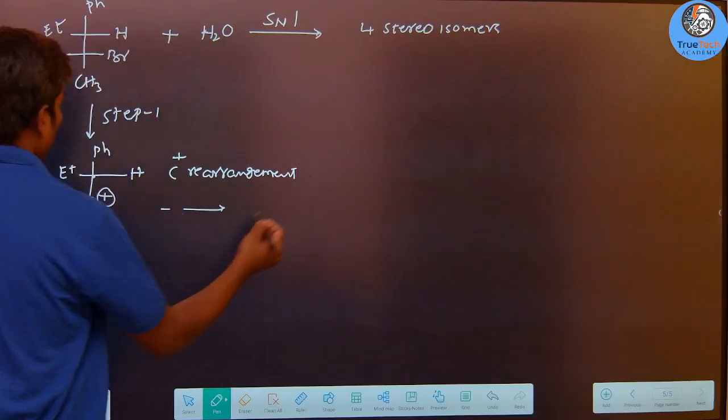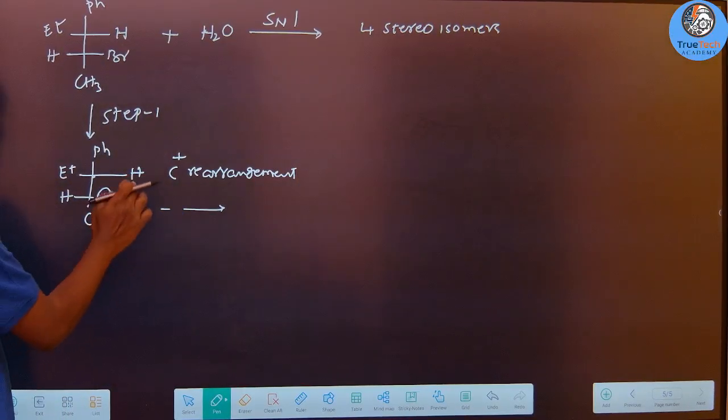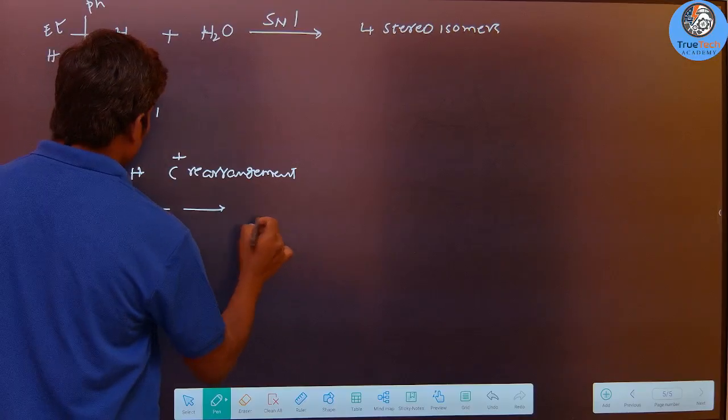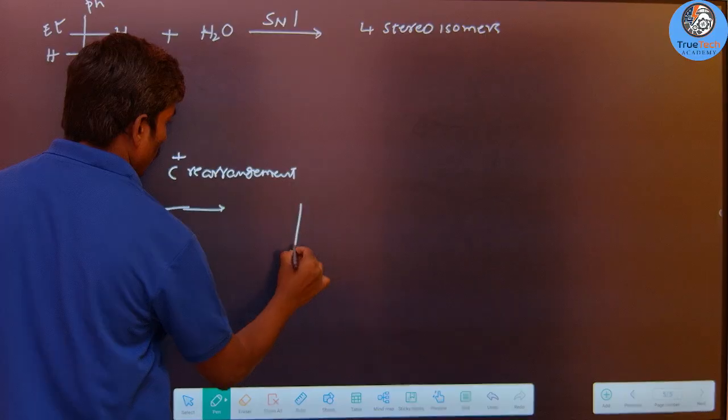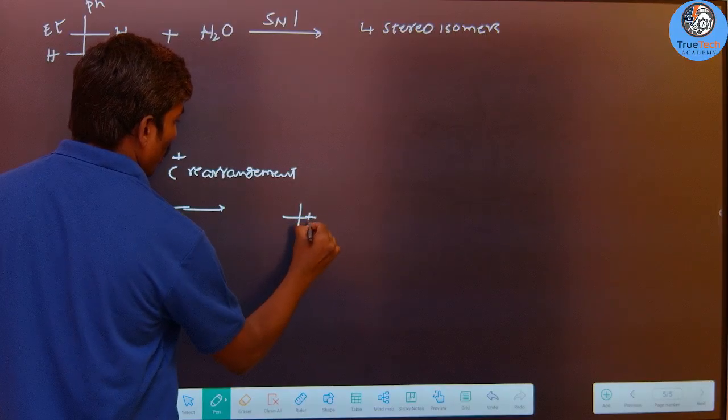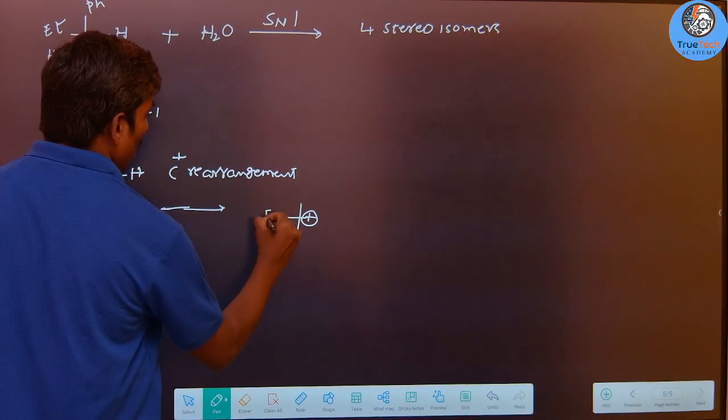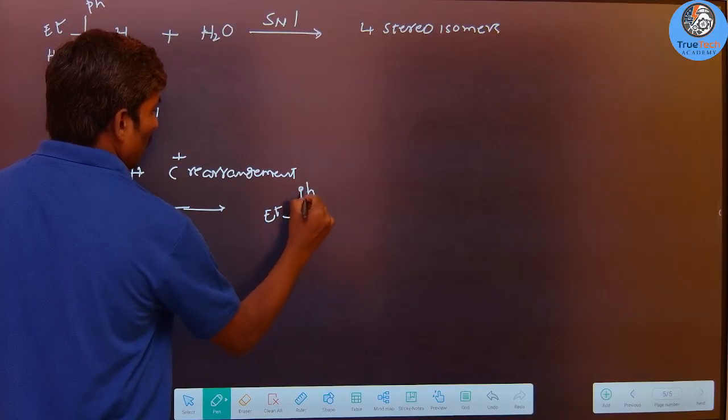It undergoes carbocation rearrangement by a hydride shift. So this hydride will shift to here, and here you are going to get a carbocation. Here it is ethyl, here it is phenyl.